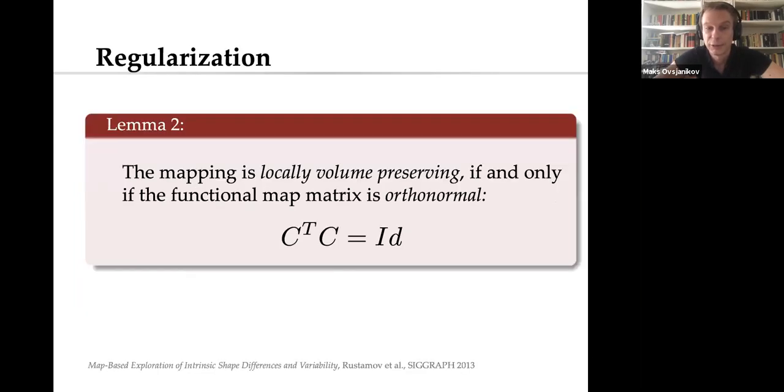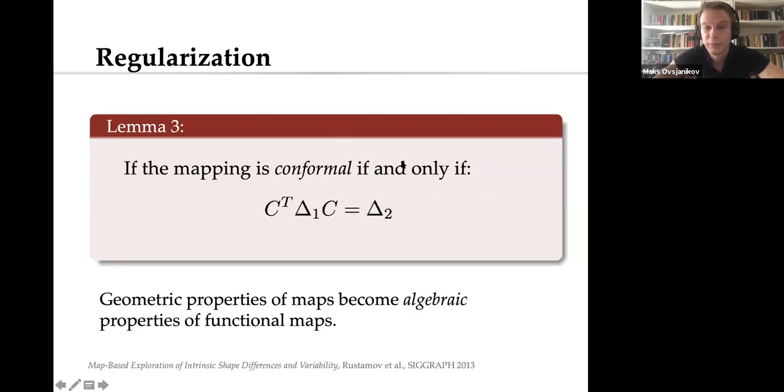Another property is that the mapping is locally volume preserving, so it preserves local volume elements, if and only if the functional map is orthonormal. This is actually a weaker condition. And finally, the mapping is conformal if and only if there's a relation between the Laplacian and this functional map. So all of this is to say that different geometric properties of correspondences become algebraic properties of functional maps.